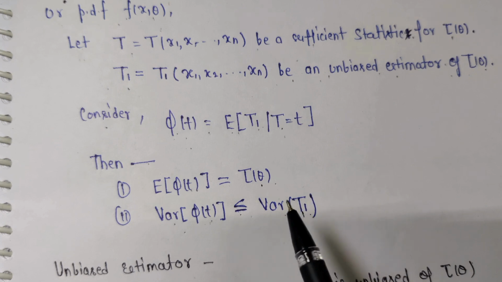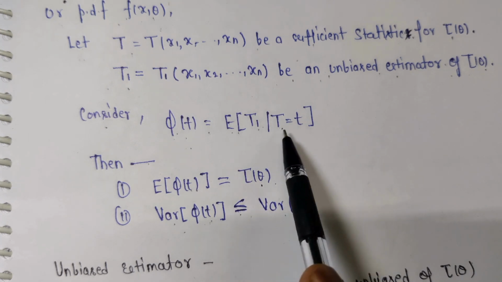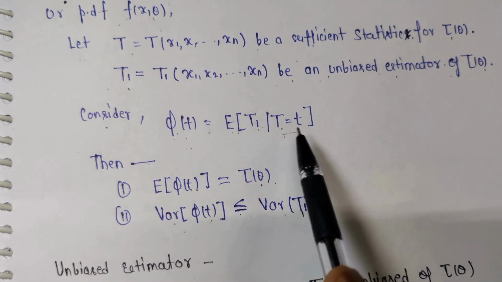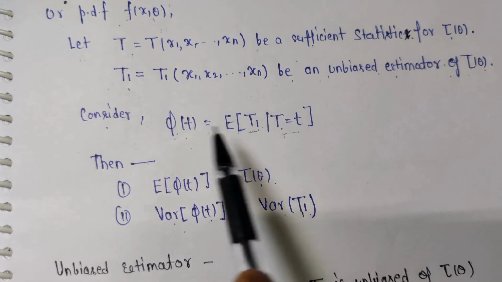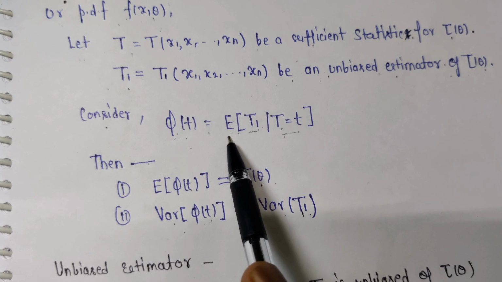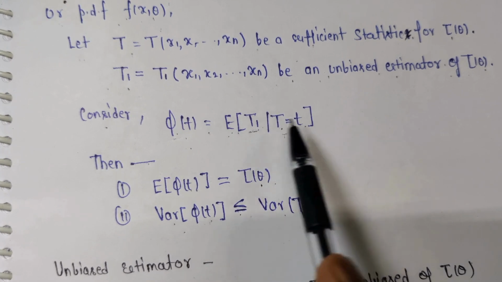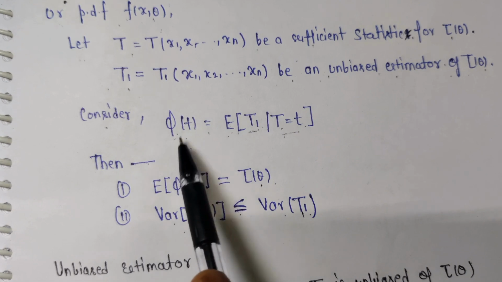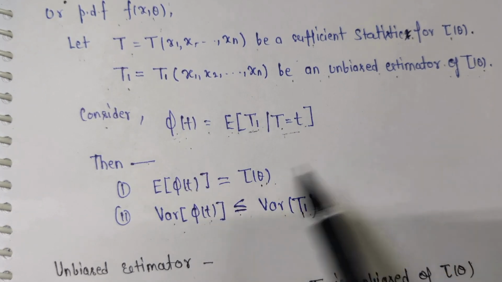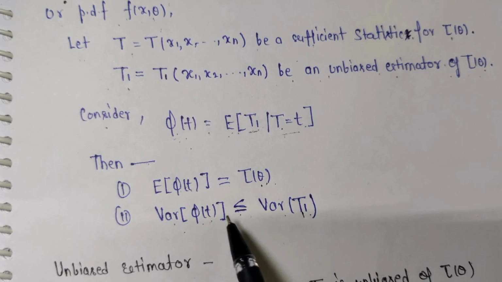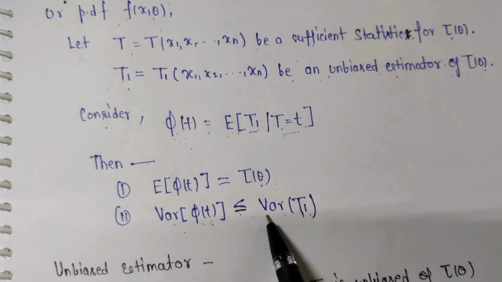That means if we use a sufficient statistic and an unbiased estimator, and define a function by the conditional expectation of T1 given T, then we get phi(T), and phi(T) is again an unbiased estimator for tau theta, and it has minimum variance as compared to T1.